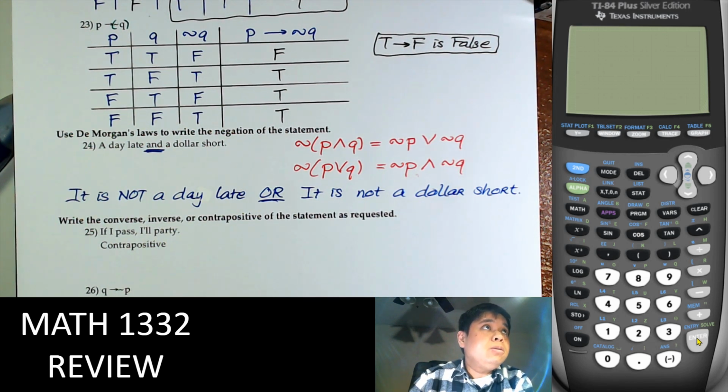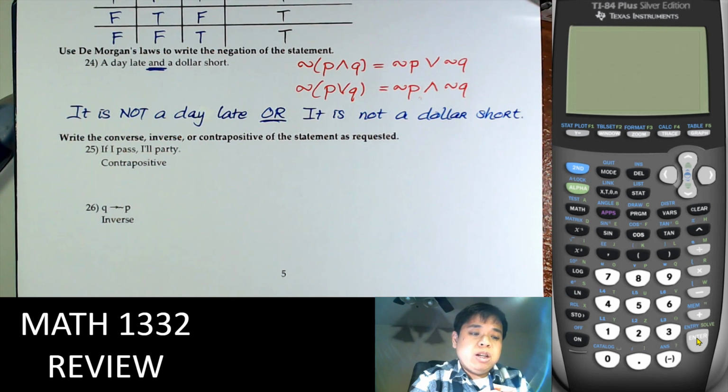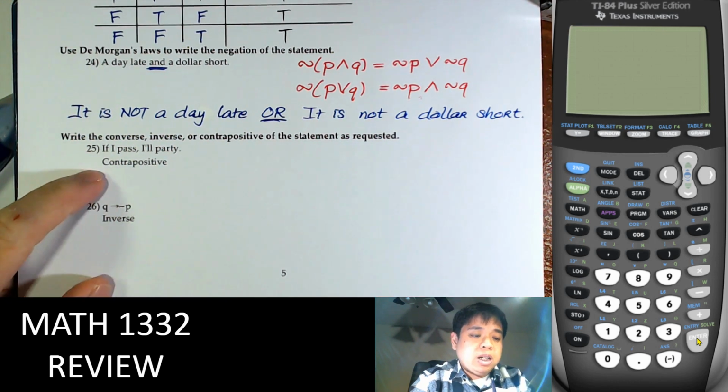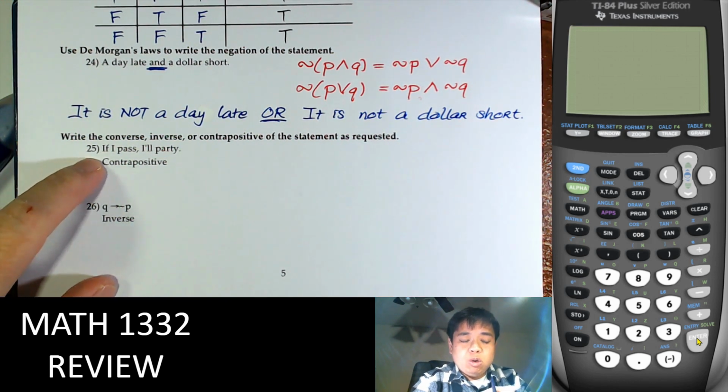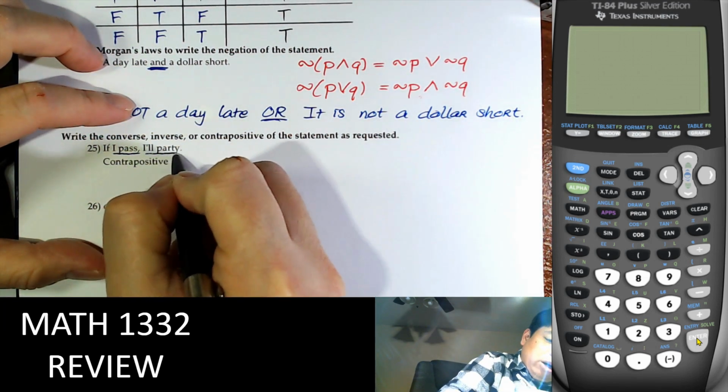Right. I'll go to the next two. Write the converse, inverse, and contrapositive for the statement as requested. Here we only worry about the contrapositive. So we have, if I pass, I will party.